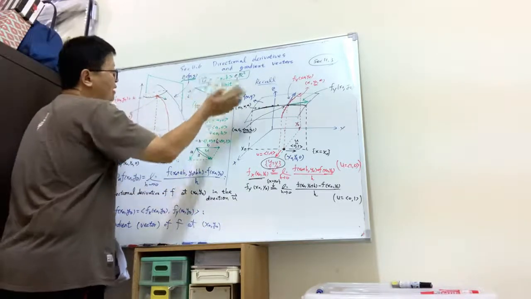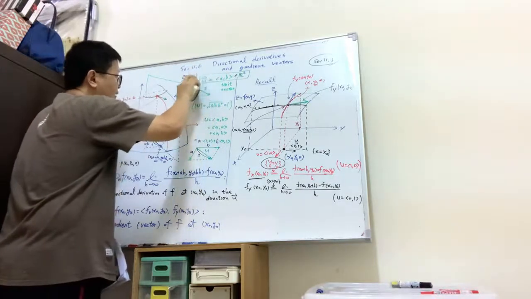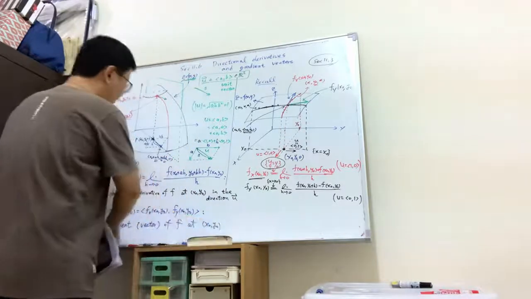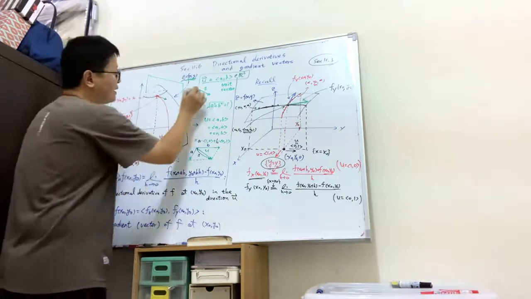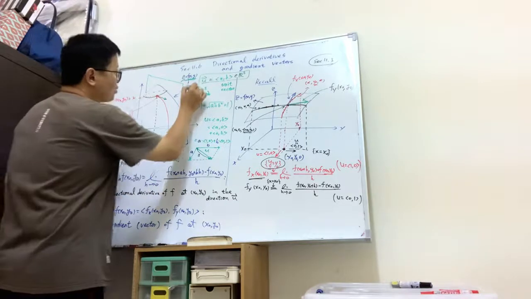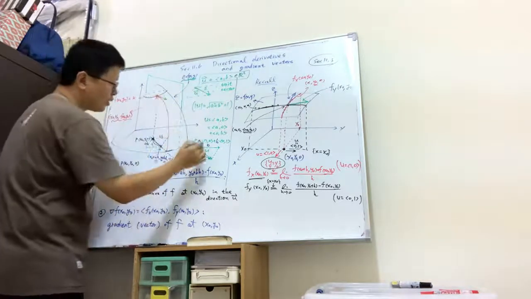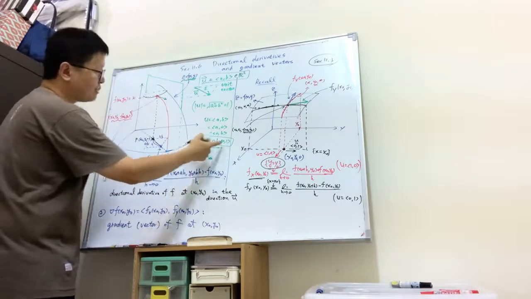Here, this one is our vector u, and its length is 1. It's a unit vector, so its length is 1. And I want to know its components. We could write it this way: a times (1, 0) plus b times (0, 1).